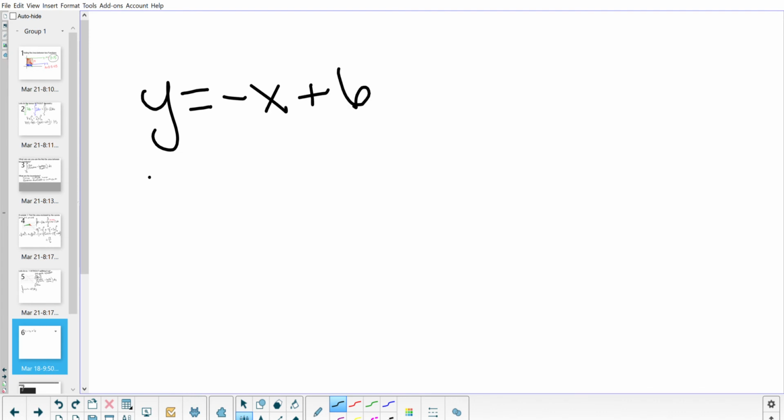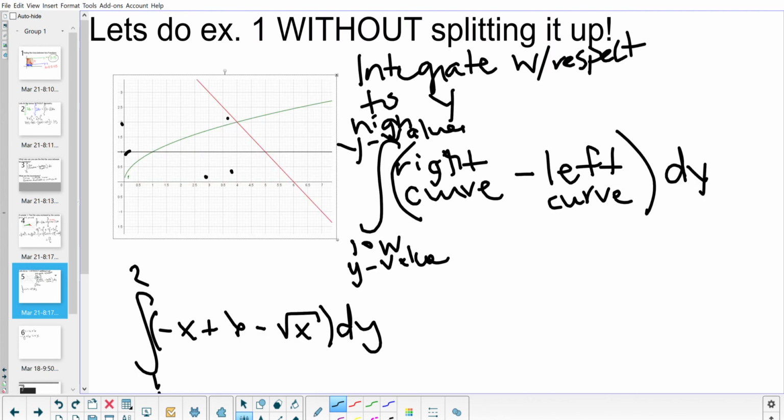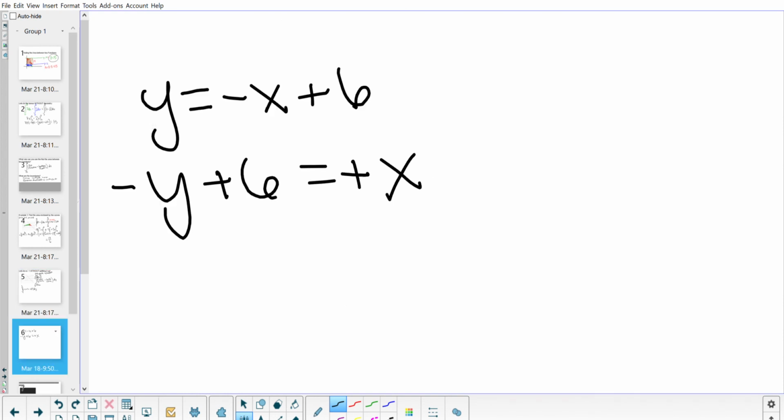Well, subtract 6 and then change the sign. So x is equal to negative y plus 6. I need to write that in terms of y. So instead of writing negative x plus 6 right here, I'm going to go ahead and write 6 minus y.